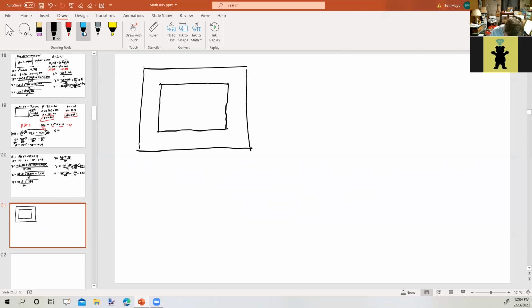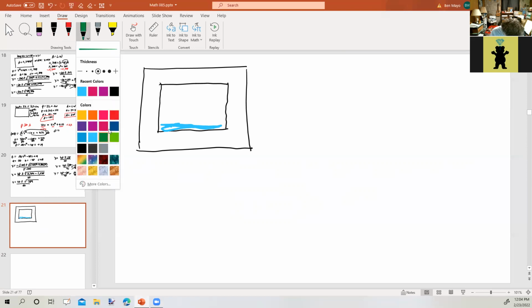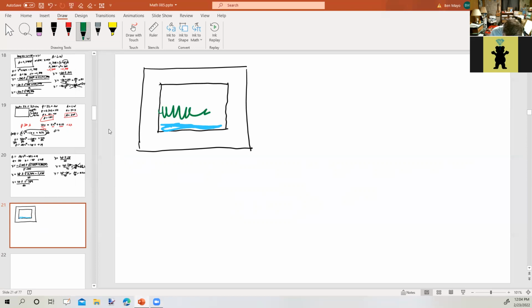And let's see, what do we have here? We have some water and some trees. And there's a nice, lovely boat out there. And I'm not an artist, as you can tell.